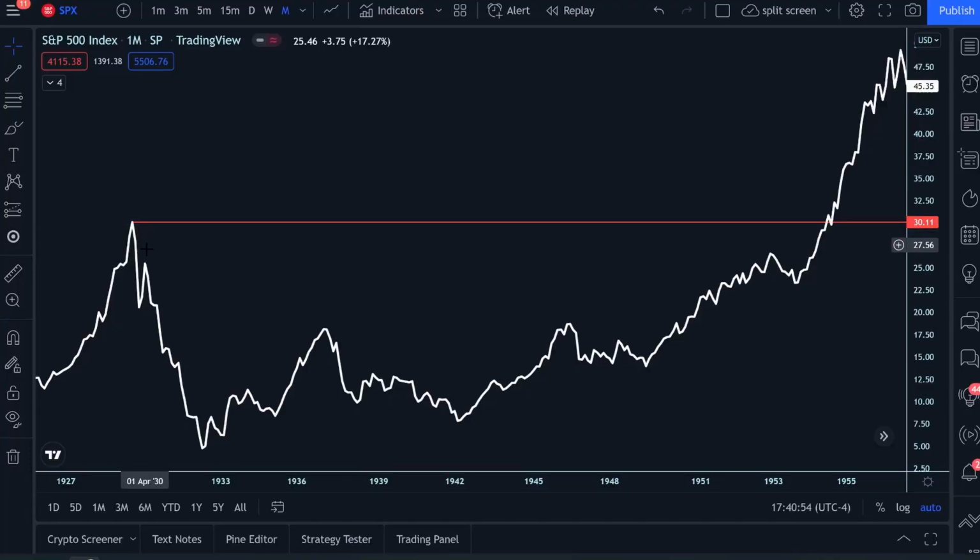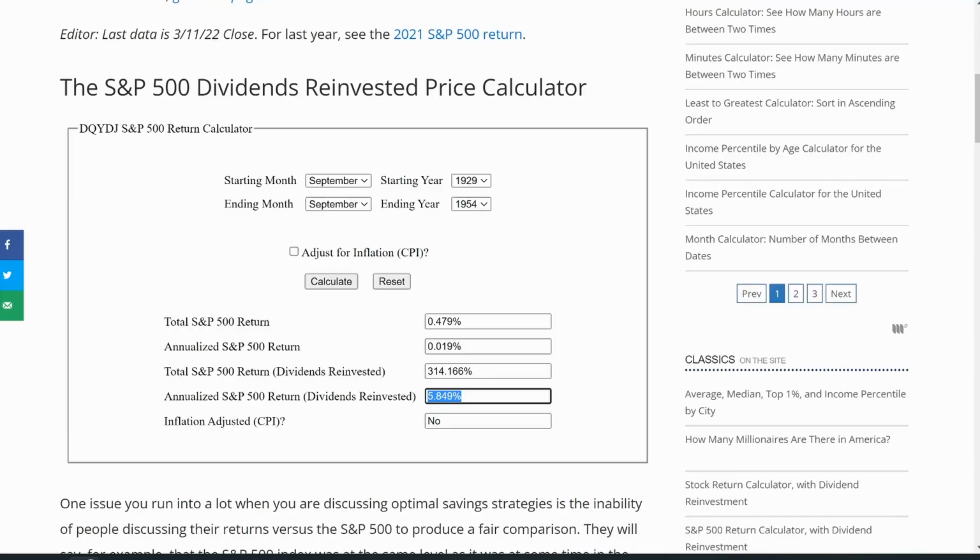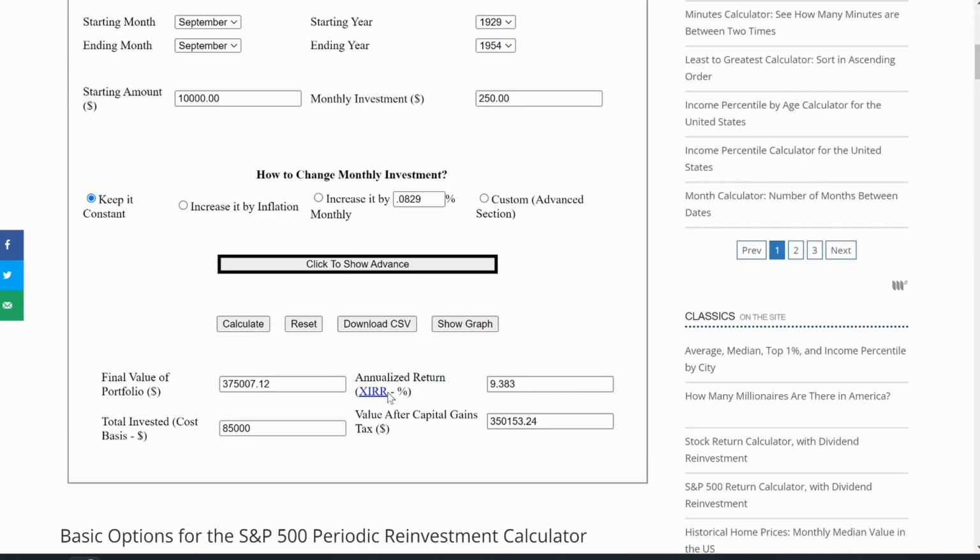Meanwhile, the market dropped for the next few years and didn't recover for another 25 years. Finally, when you're seeing new all-time highs, you have an annualized return of 9.3%. That's not bad at all. And that comes out to $375,000 from that initial $85,000 invested.